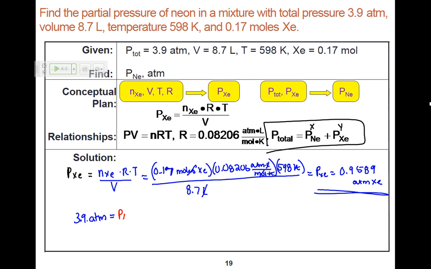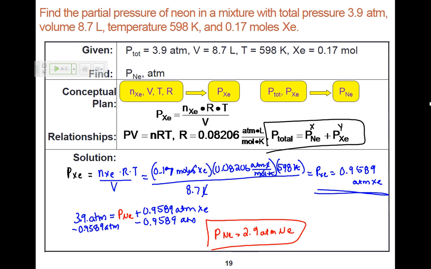So we're looking for our pressure of neon, and we just calculated our pressure of xenon, so we can solve for that. Again, the partial pressure of neon should not be more than our total pressure. If it is, you did something incorrectly, because our total pressure should be the highest pressure.